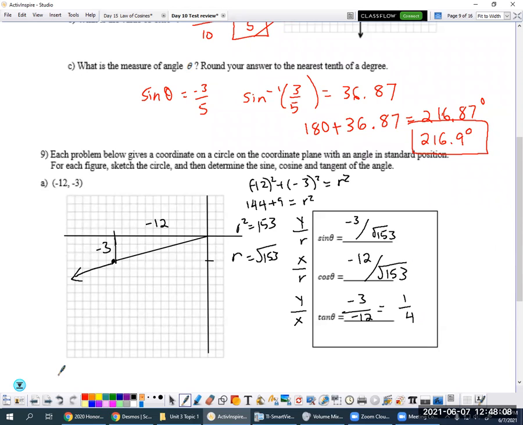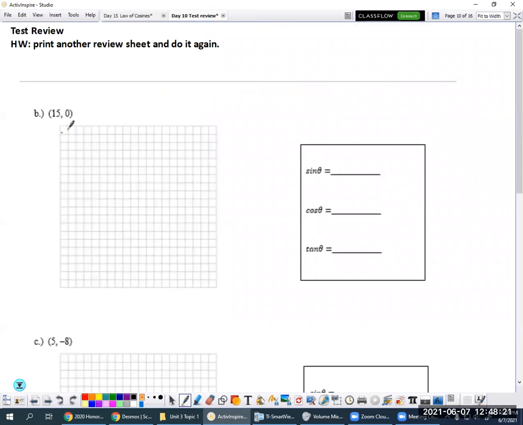So if you haven't paused the video in a while, it's a good time to pause the video and go find the r values for b and c, and then the sine, cosine, and tangent for b and c. Hopefully for B, I'm not going to sketch this out. I mean, this is X and this is Y. And obviously, if I go 15 squared plus 0 squared equals R squared, I get an R value of 15. So this is going to be a quadrantal angle.